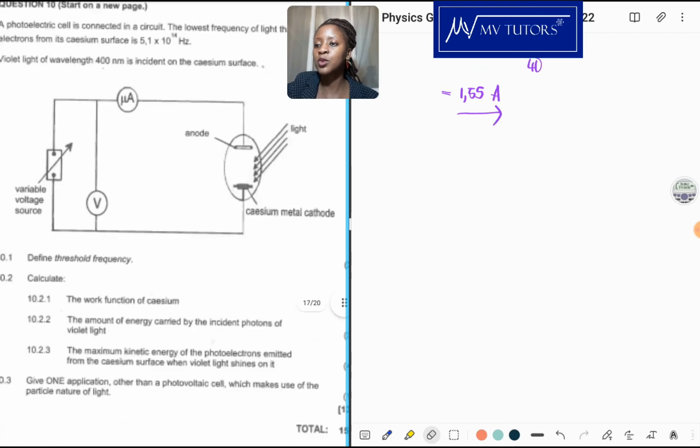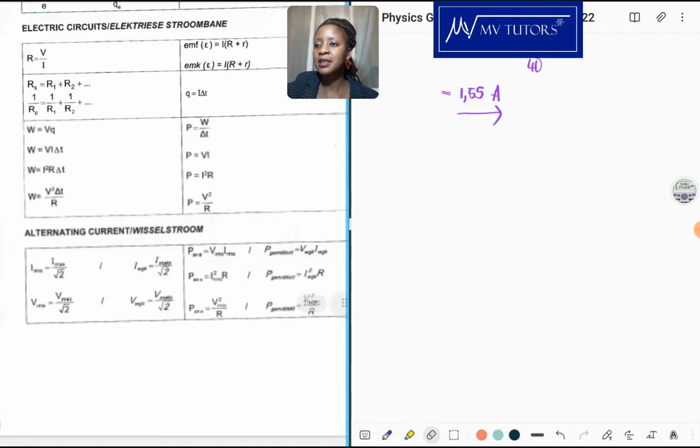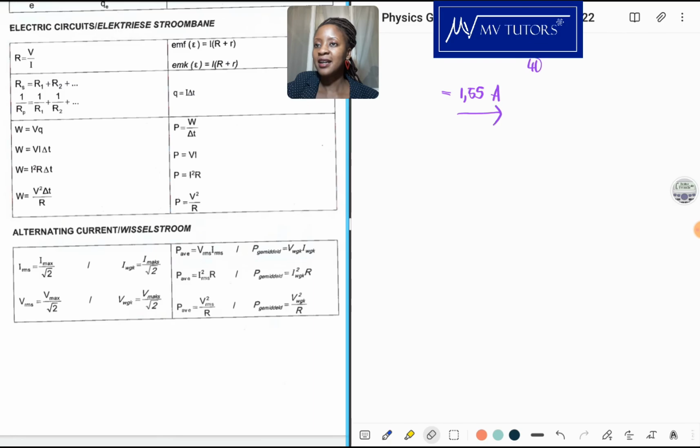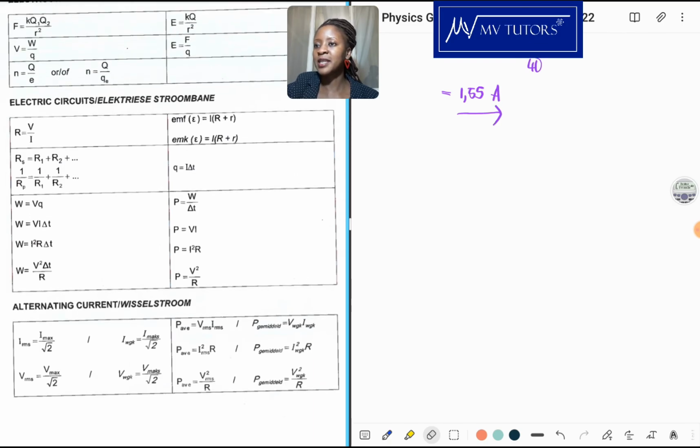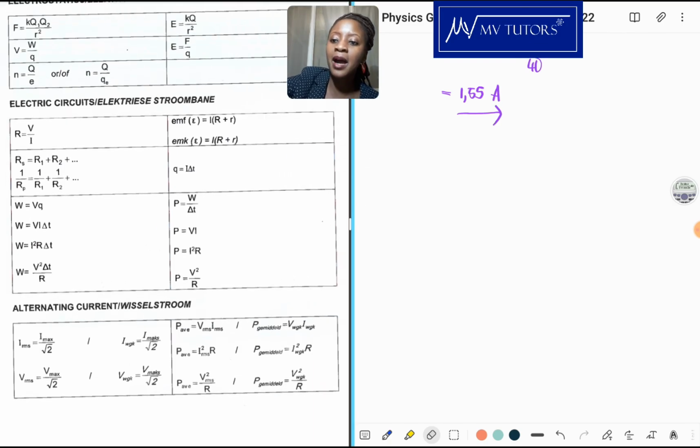So if we go to our formula sheet, basically we have that the power is equal to the voltage times I, all right? And we know that voltage is IR.